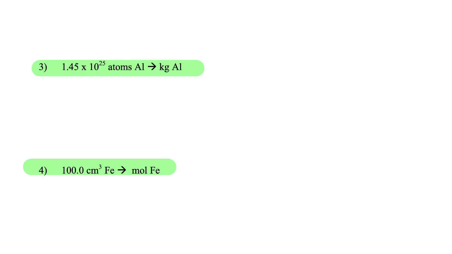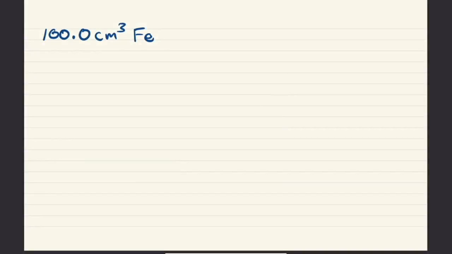That's a very good question, because we need to utilize a conversion factor to get us from volume of iron to moles of iron. How do we do that? Well, remember that a volume in centimeters cubed is the same as a volume in milliliters. That's just a little review.